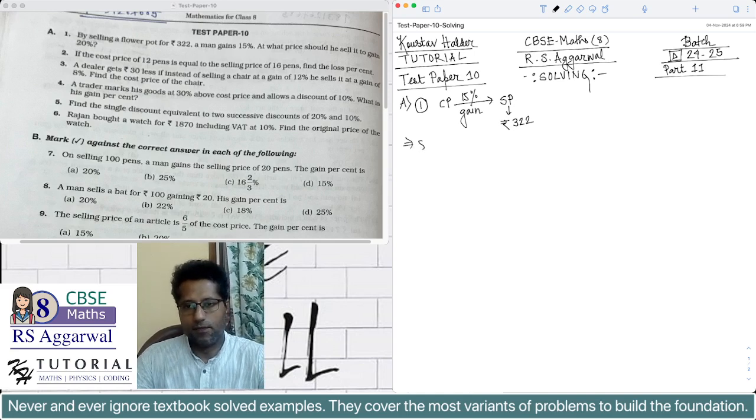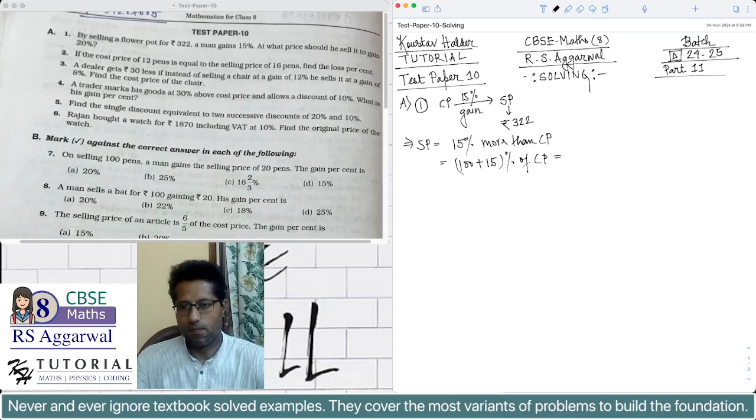So we can say that when there is a gain percent, selling price is equal to 15% more than the cost price. 15% more means 100 plus 15% of cost price. This is equal to 115% of cost price, which is equal to 115 divided by 100 multiplied by cost price.